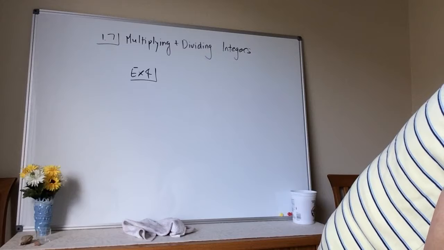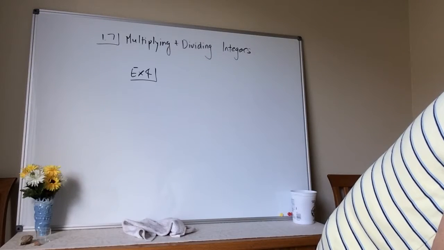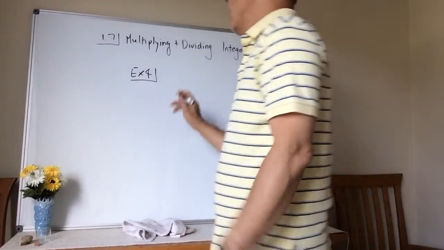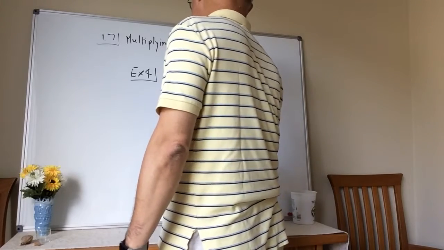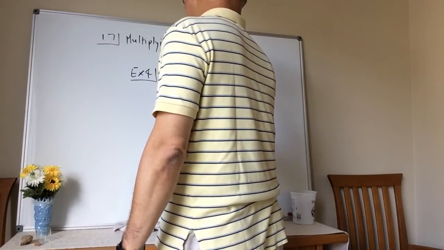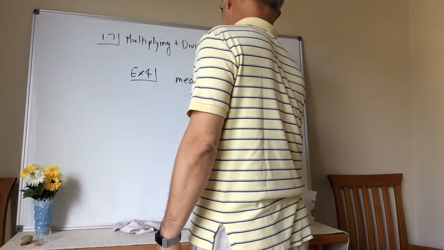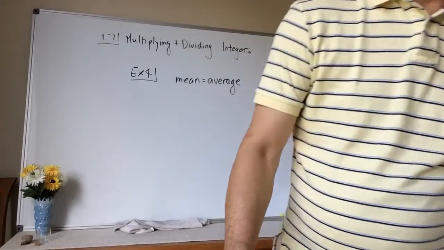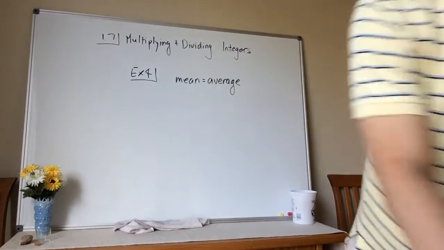The table shows record low monthly temperatures, and we're to find the mean of the temperatures. Mean is the same as average. To find the average, we add them all together and divide by how many numbers there are.